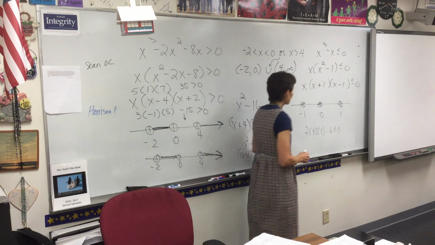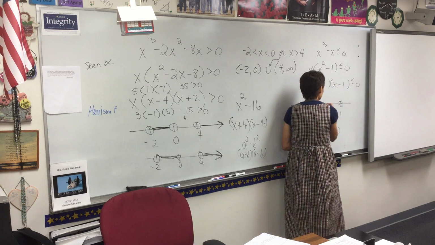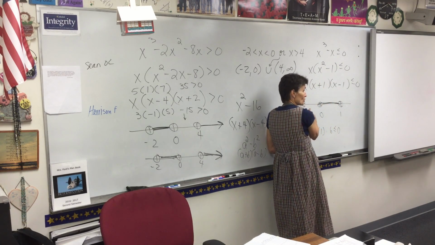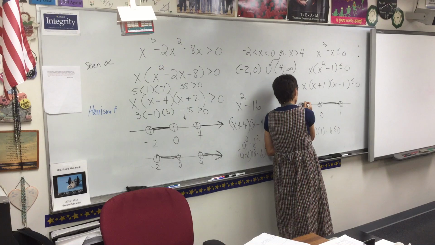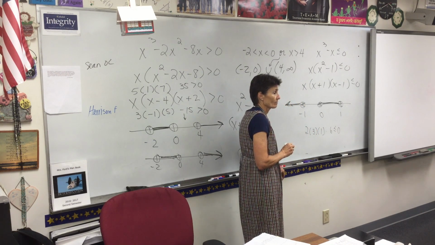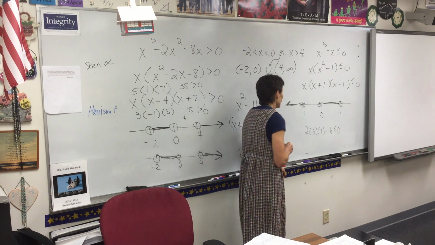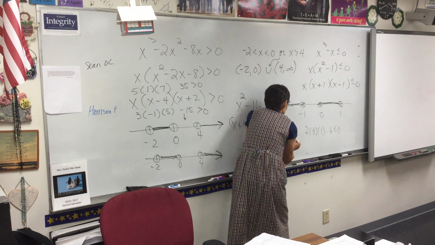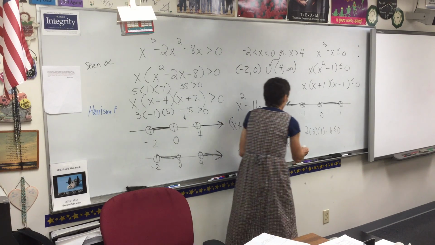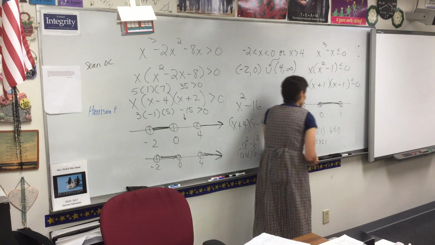No. So Tessa is not going to shade here, which means she is going to shade here. She isn't shading here, but she is shading out here. So her answer is everything less than or equal to -1, or everything between 0 and 1.